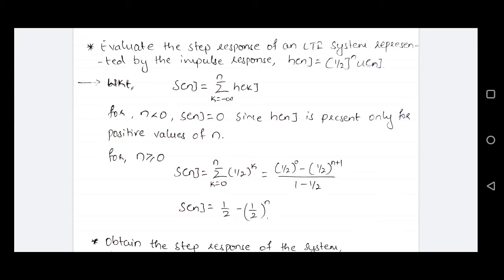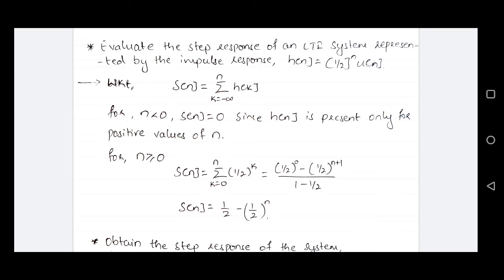Because the step response is a running sum, it is defined as s of n equals the summation from k equals minus infinity to n of h of k. The impulse response is an exponential function, but it is defined only for n between 0 and infinity. The impulse response is 0 for negative values of n.